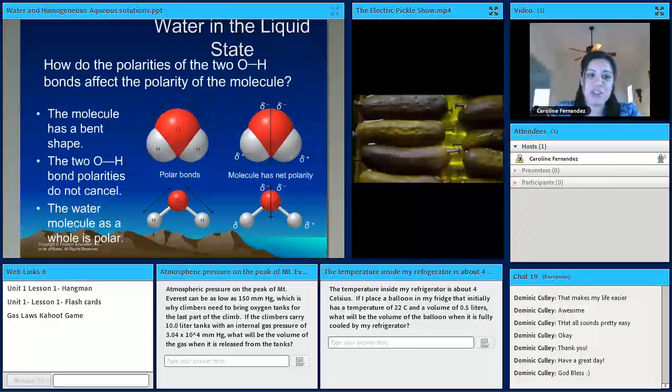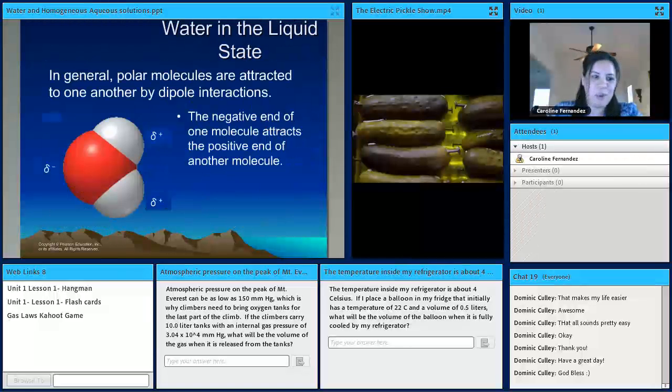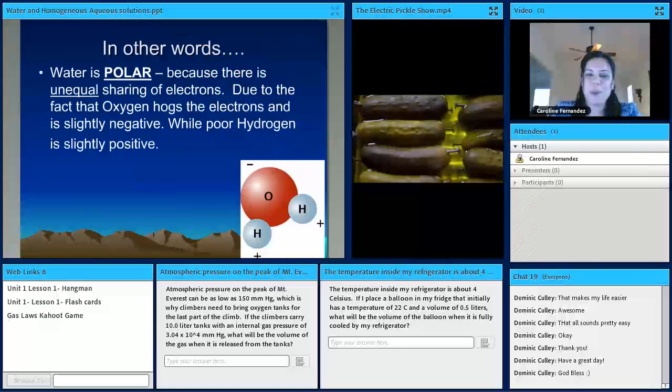When the electrons are shared equally, they're nonpolar. So water is polar, and because it's polar, it can dissolve anything that is also polar. Once again, just to review, the unequal sharing of electrons between the hydrogen and the oxygen in water makes water polar, slightly negative at the oxygen end and slightly positive at the hydrogen end.